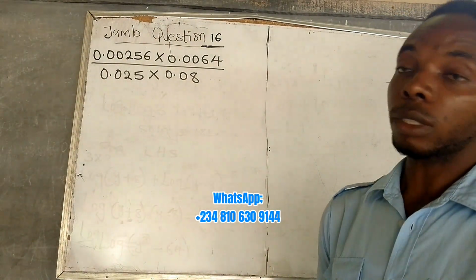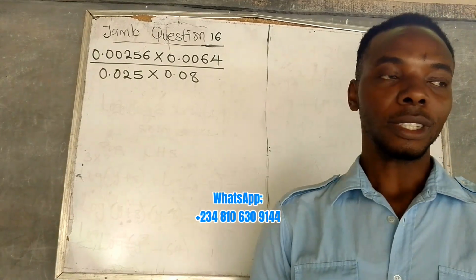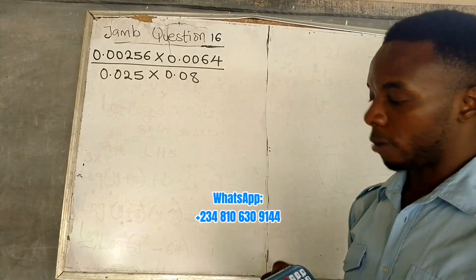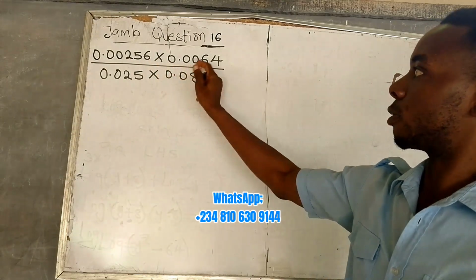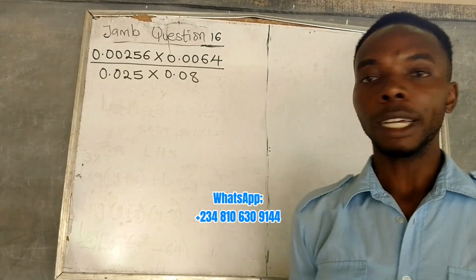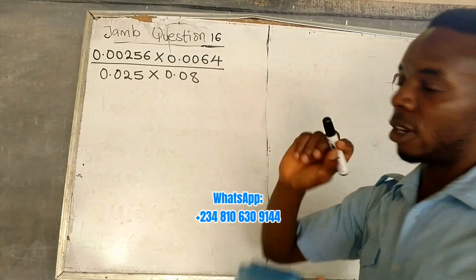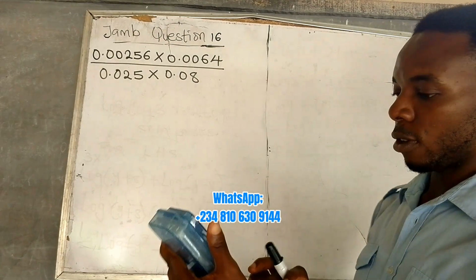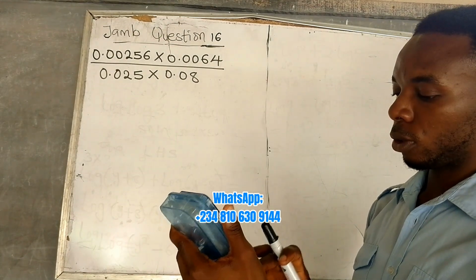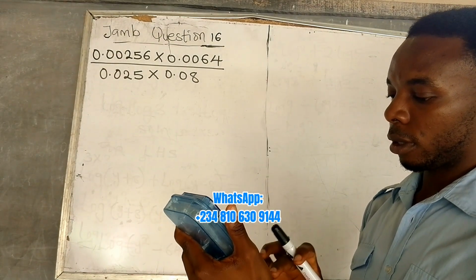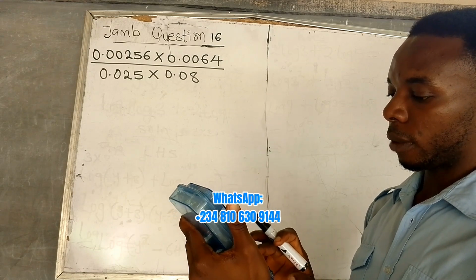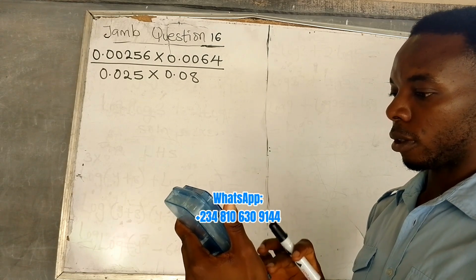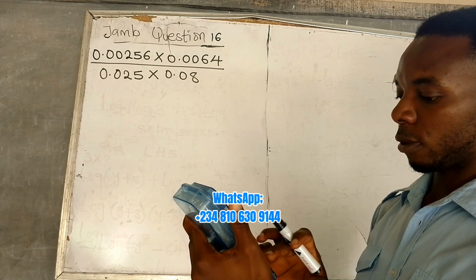This is question 16, and you'll see that this question is very simple. The first thing you should do, since it says 0.00256 times 0.0064, is to multiply the numerator. That is 0.00256 times 0.0064.